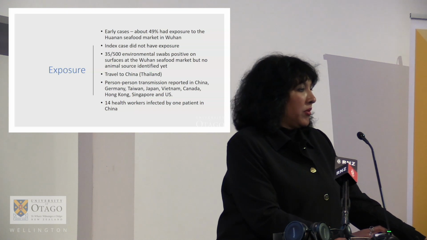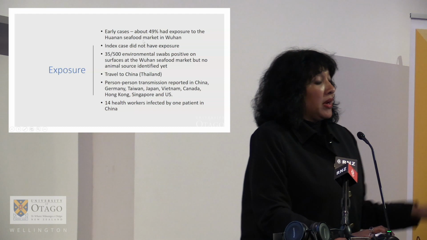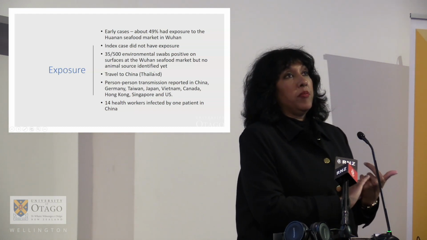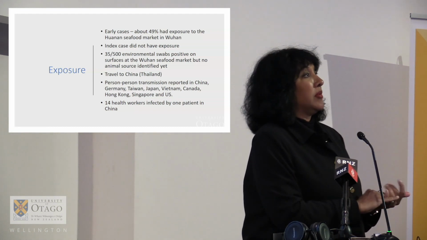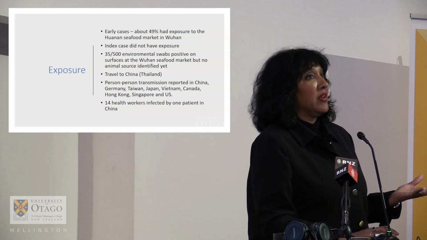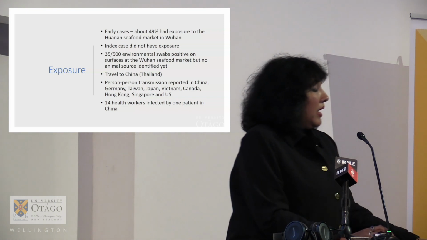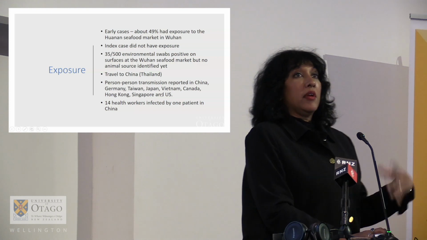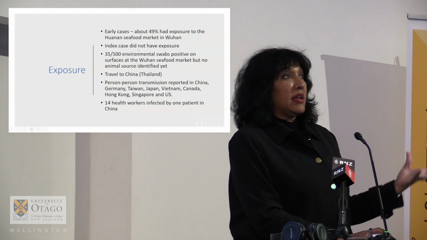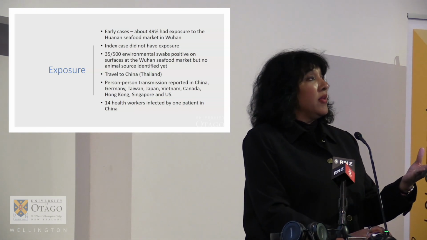Pangolins have been postulated as a mammalian intermediary host. But surprise, surprise, they only found positive samples in the seafood section where the prawns and the fish are sold, which is interesting.